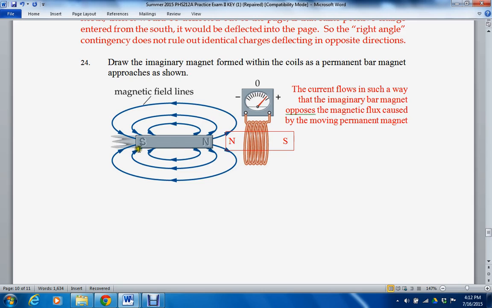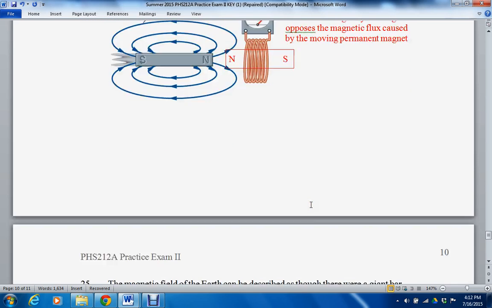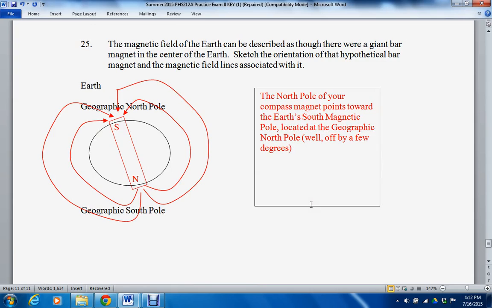Just because we have a moving magnetic field, an invisible bar magnet is created by flowing electrons through this loop of wire, and it's being belligerent. If the north pole is approaching, then this creates a north magnetic pole that opposes that motion. If it does that, then current would be flowing through the wire in such a way as to give it a measurable voltage.